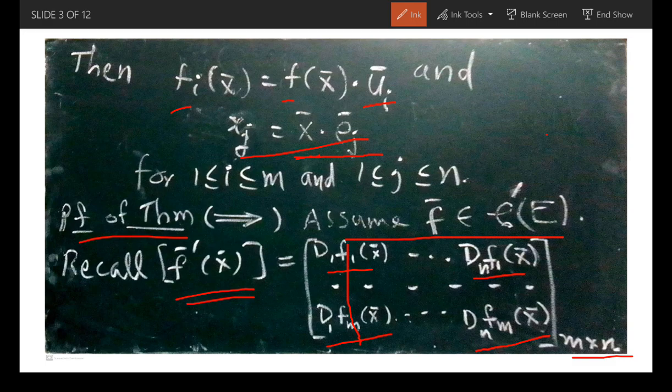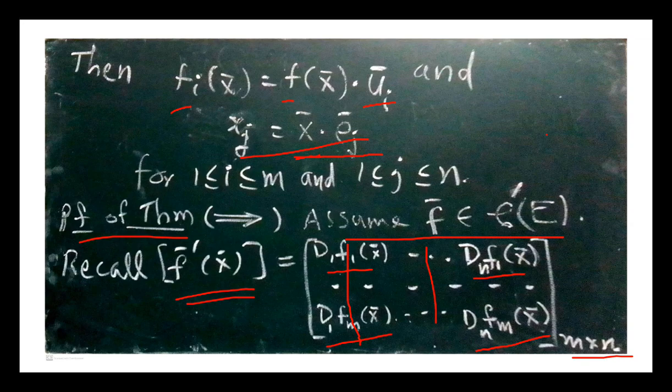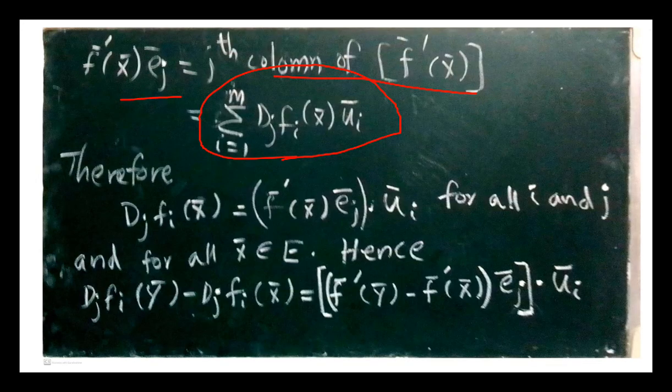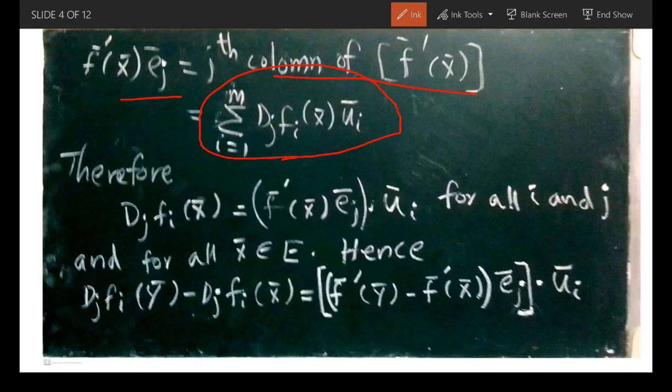In linear combination notation, it is D1 f1 of x times u1 plus etc. plus D1 fm of x times um. That is the first column. What is the jth column? That is precisely Dj f1 of x times u1 plus etc. plus Dj fm of x times um.